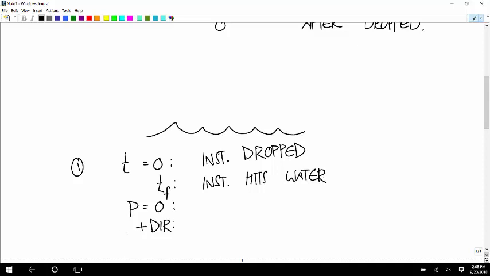It makes it less likely you're going to make a dumb mistake. What I usually do is whatever is the lowest point that has an influence on the problem, I call that 0, and I choose my positive direction up. So position equals 0 is at the water. Positive direction is up.